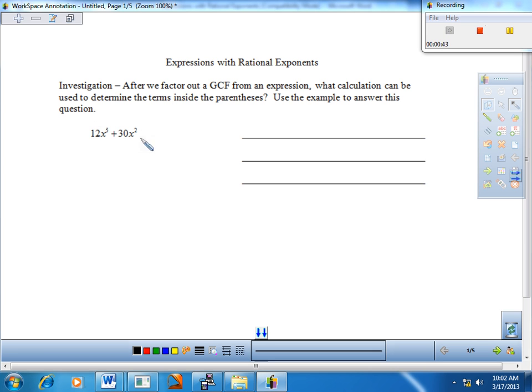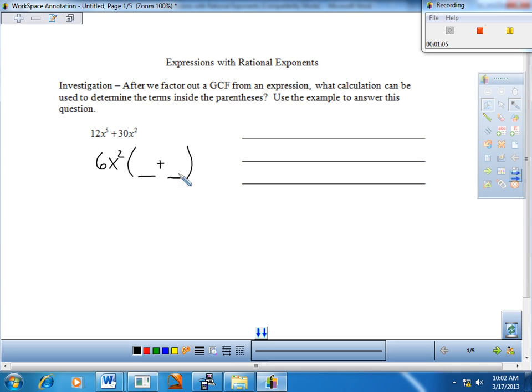If I asked you to go greatest common factor on this, I don't think you'd have too many issues. It's 12 and 30 there. You would take out the 6. X to the 5th and x squared, especially after what we've been talking about all unit here, that would be x squared. And once that greatest common factor comes out, the question really is what goes there and what goes there.